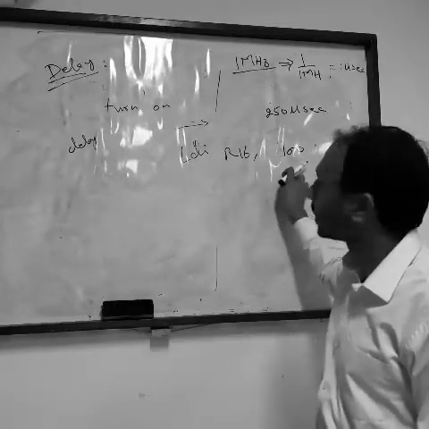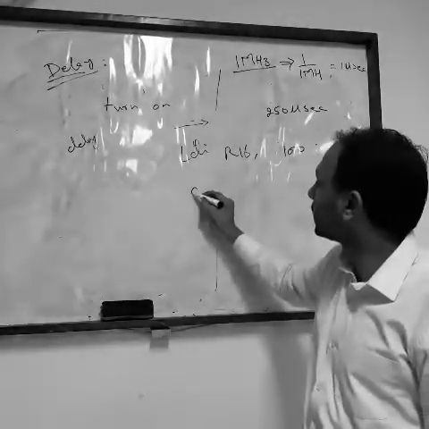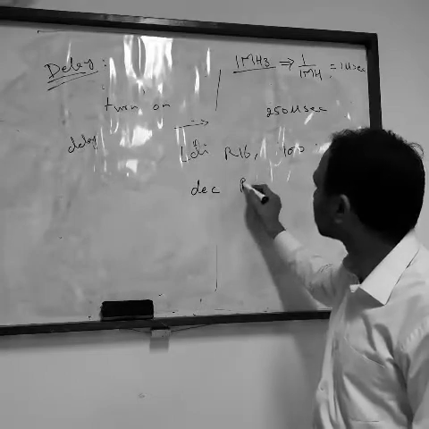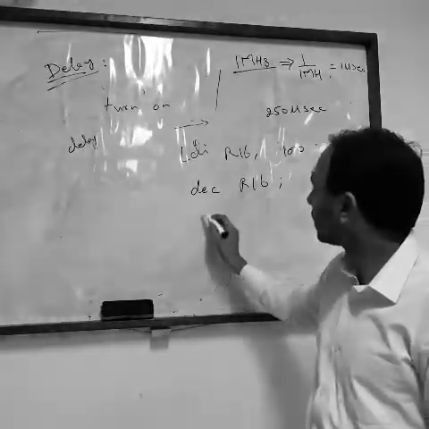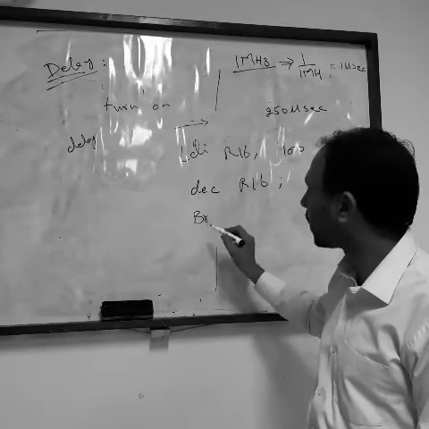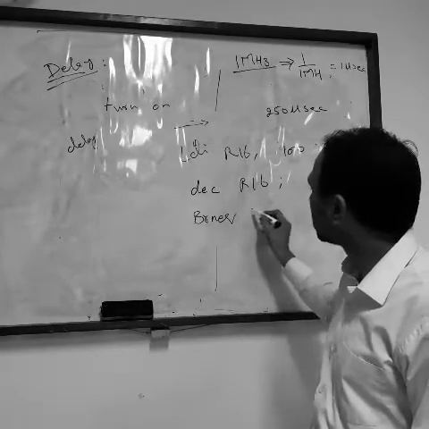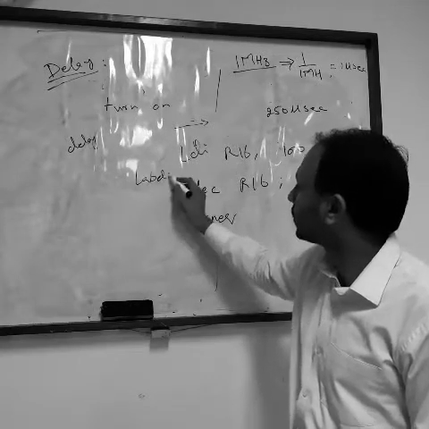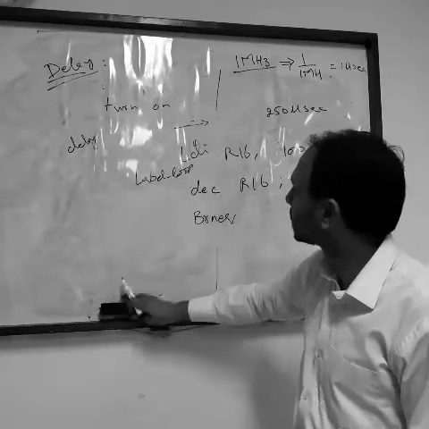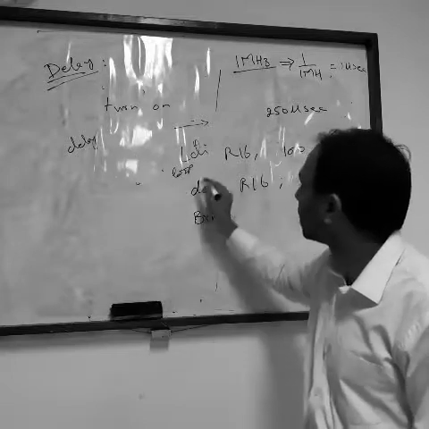LDI R16, 100, I will decrement R16, then here I will use branch not equal to the label loop. I'm just writing loop to make it easy.